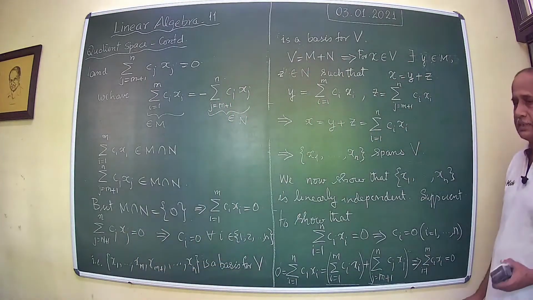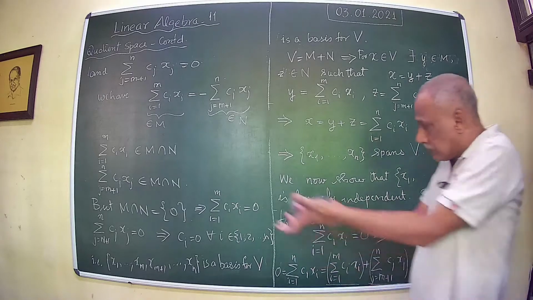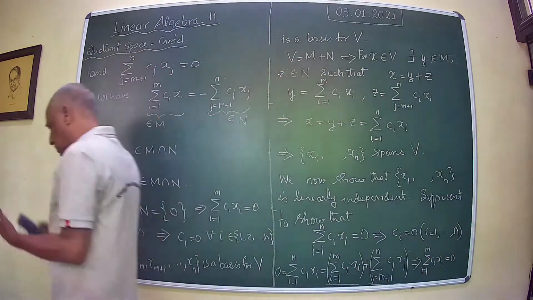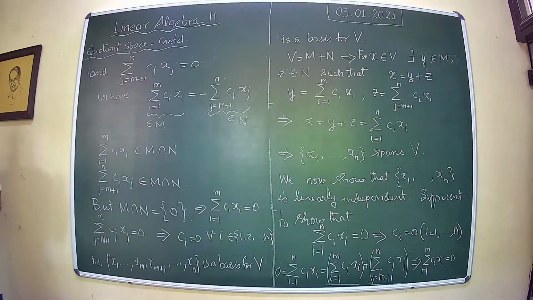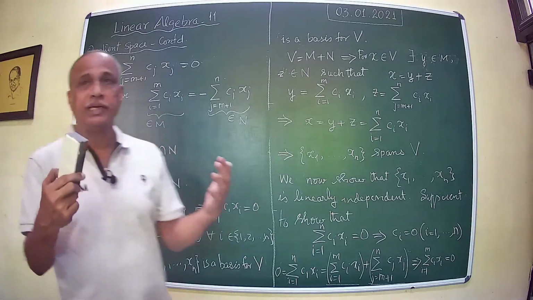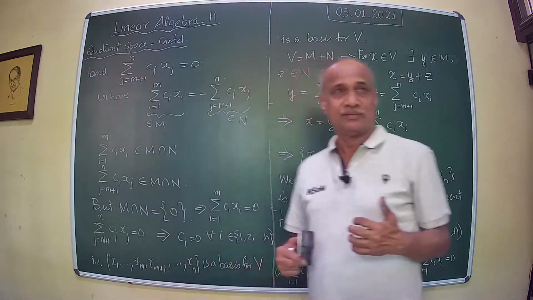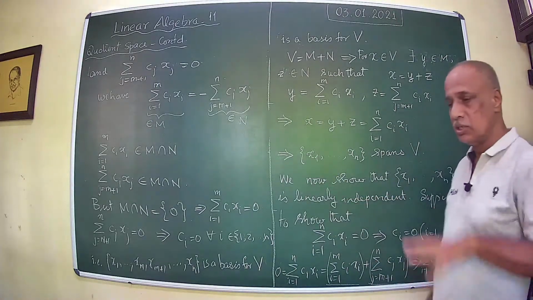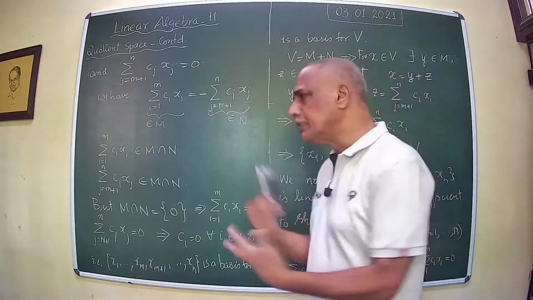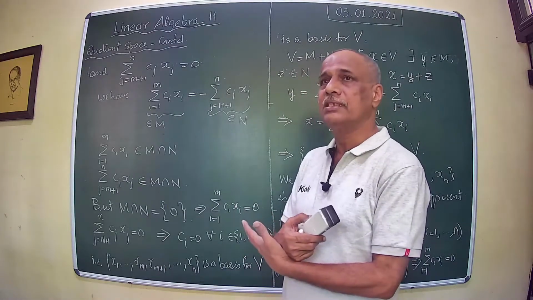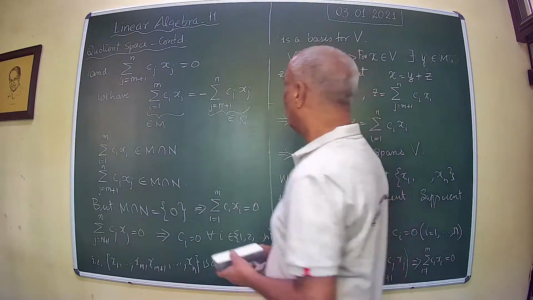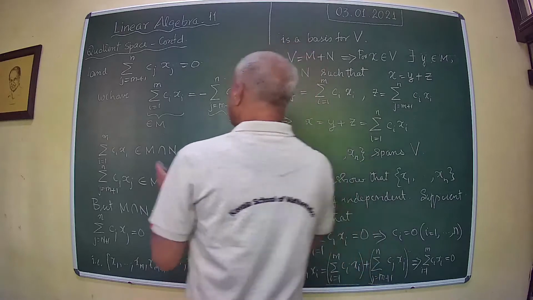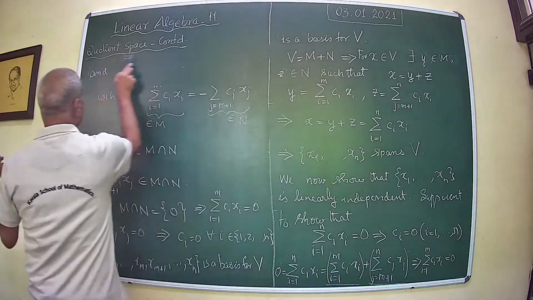So we can construct a basis. So this also gives a construction. You choose a complementary subspace N, choose a basis for N, choose a basis for M, put them together, you get a basis for V. Okay. So having done that, what do you do now?